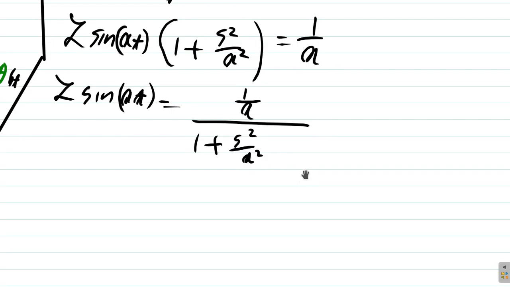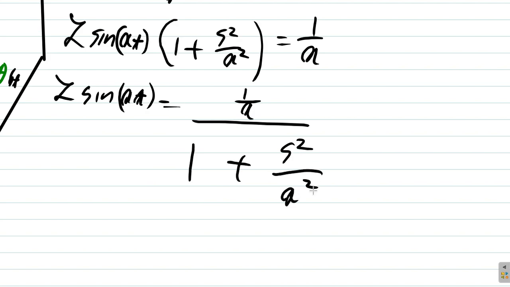Let's see if we can simplify this now. This is 1 over 1 plus s squared over a squared. This one can be written as 1 over 1. We could use common denominators instead of drawing the line and finding the LCM.